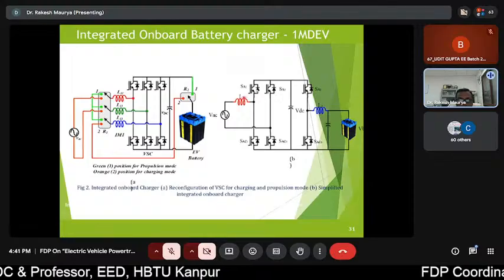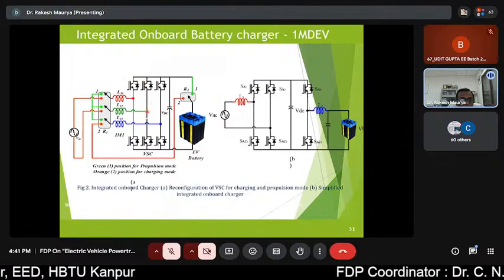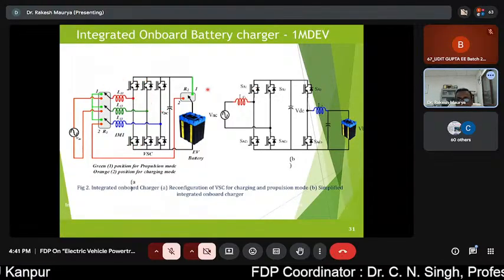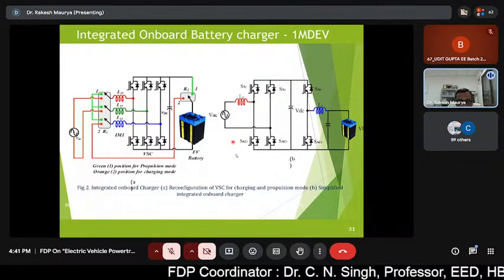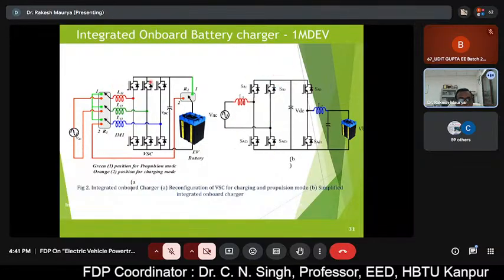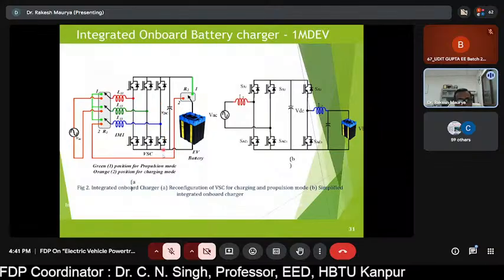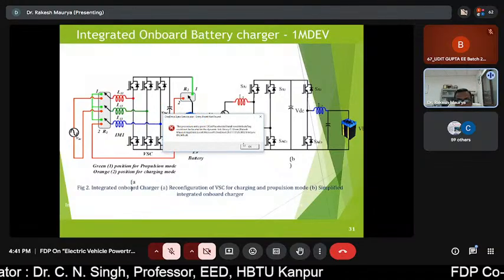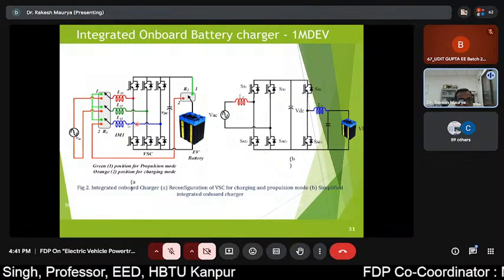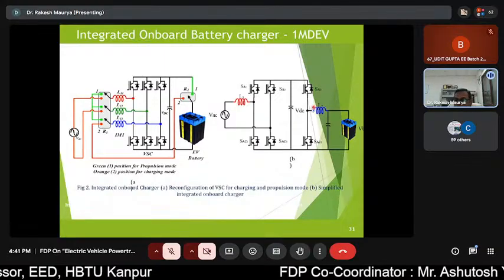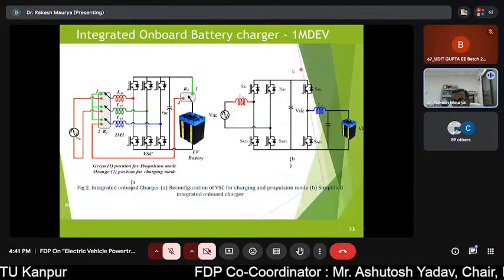They can be treated as the inductor L1. And the first two legs of the VSC can be used as a single phase inverter, and the last leg, which is connected through the blue color winding, can be part of the DC to DC converter.